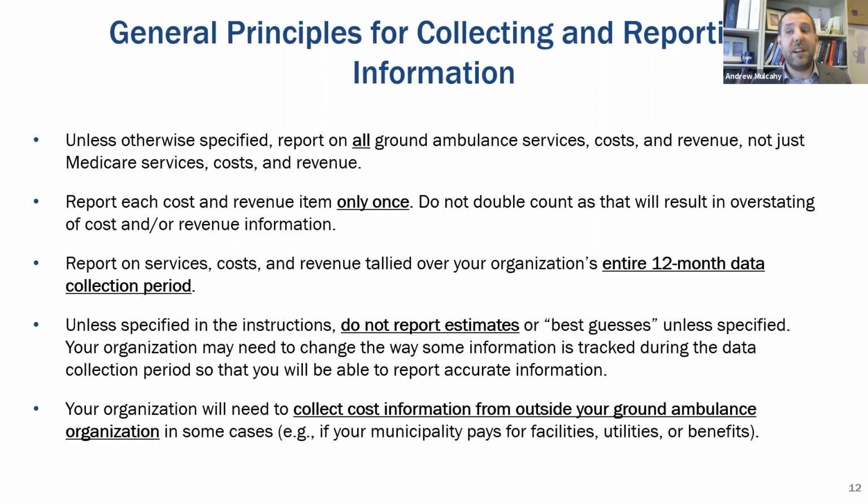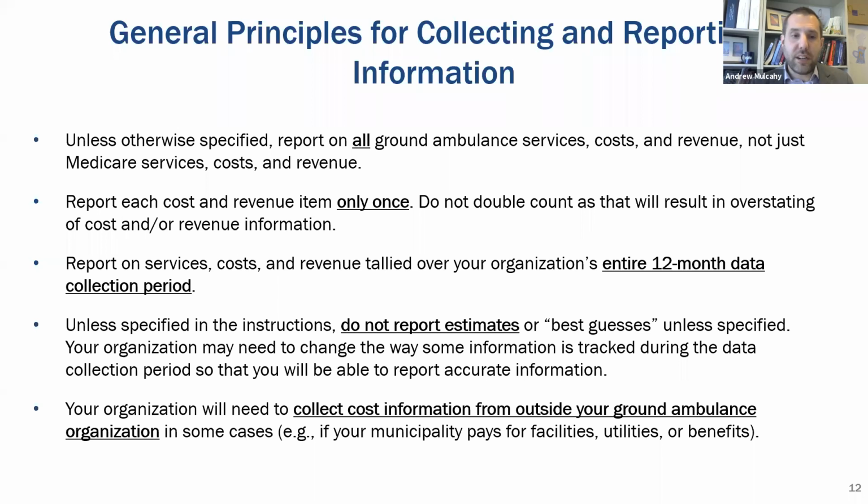There are some questions at the very end around revenue that ask you for revenue by payer. And there you can report your Medicare fee-for-service revenue as a separate number. But otherwise, you're reporting on your services, the volume and mix of services, expenses, and revenue across your entire ground ambulance operation.